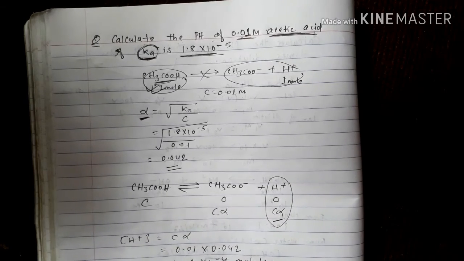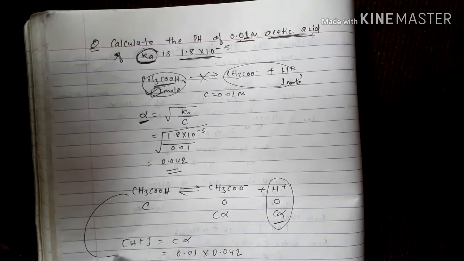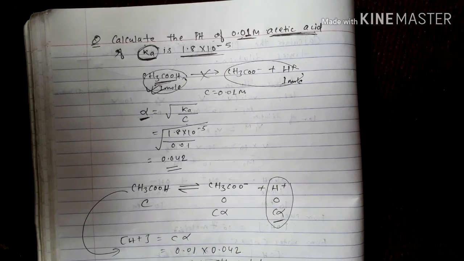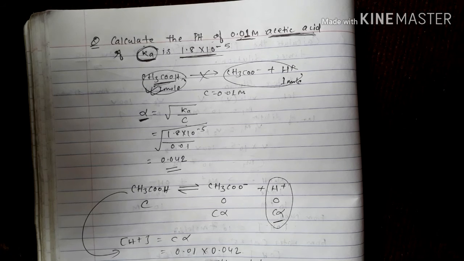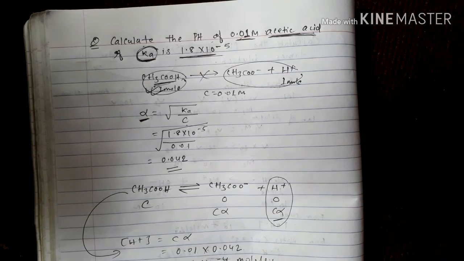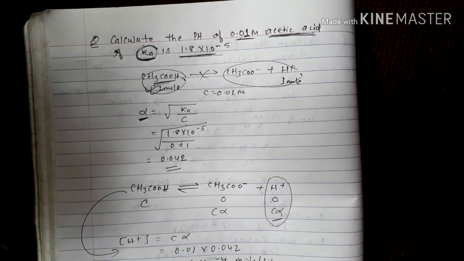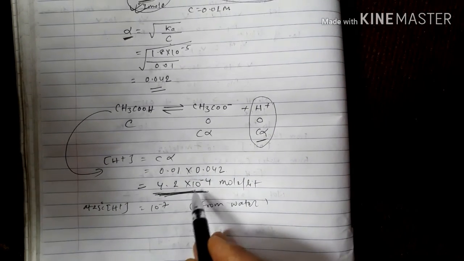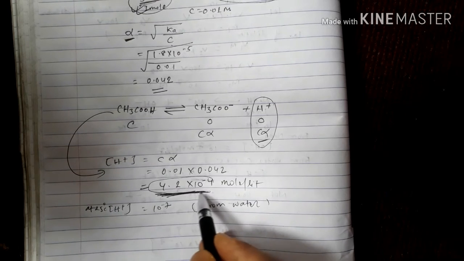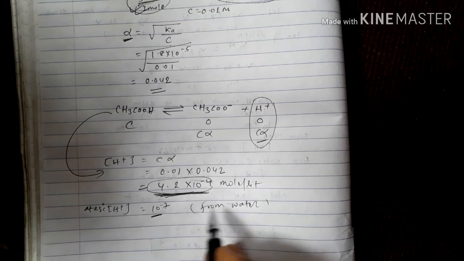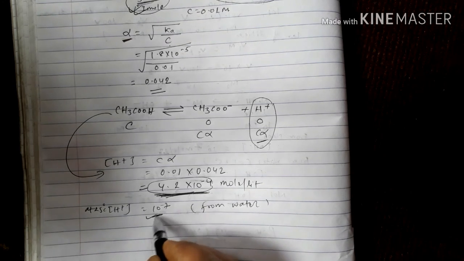The value of H plus ion from acetic acid, in comparison to H plus from water, 10 to the minus 7, is very high. Therefore, this value is very much higher than the value of H plus from water. That's why we can neglect the water value.